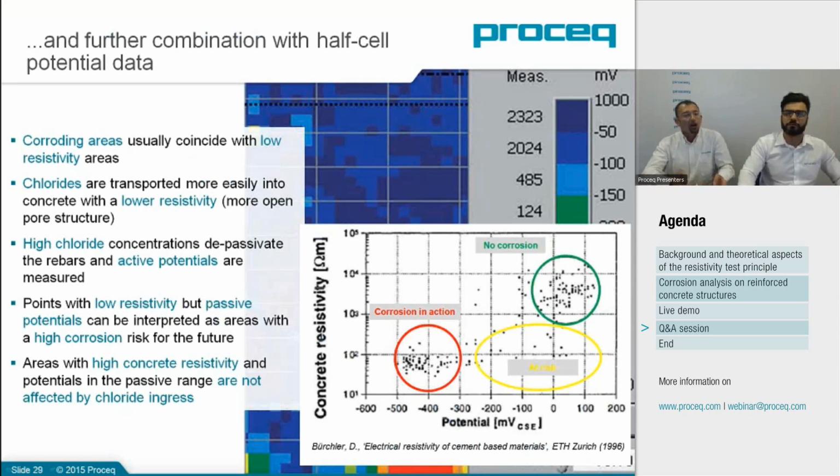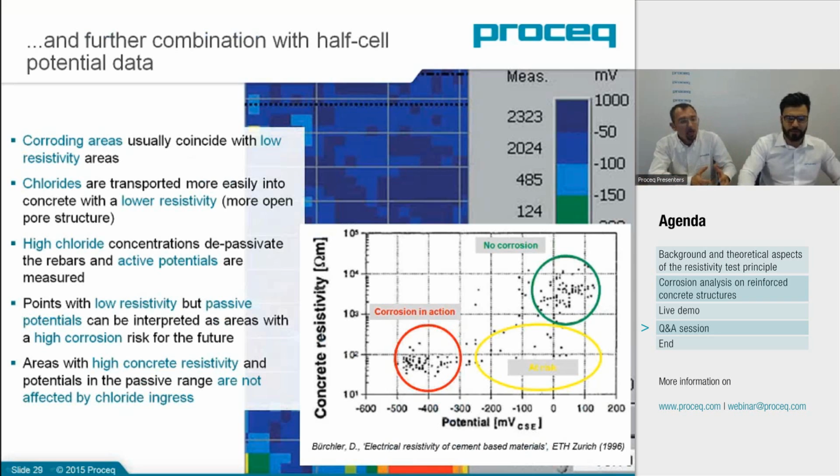Yes, no. Resistivity is saying how good the concrete is in protecting the steel. Now, what statistically is bound to happen is that low resistivity areas are more likely to have corrosion. So statistically speaking, they will be accompanied by very negative potential.